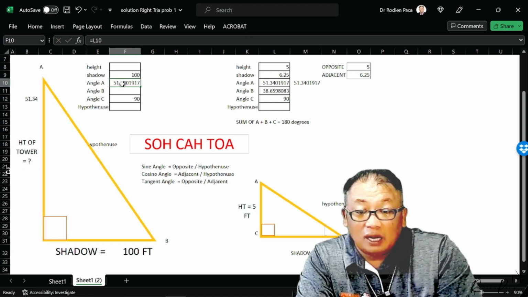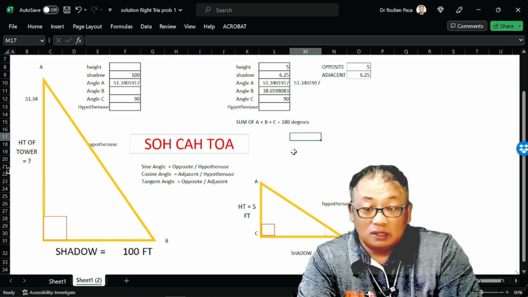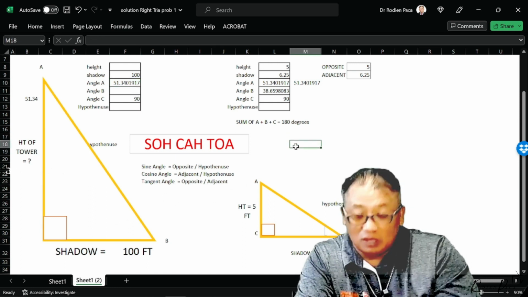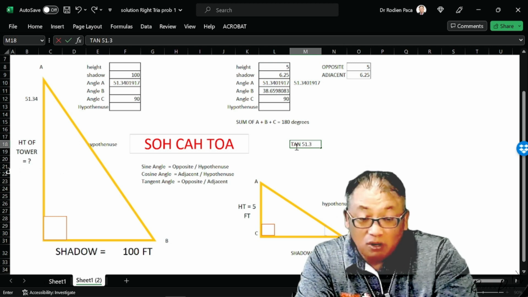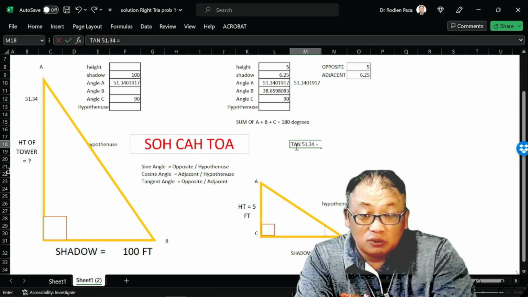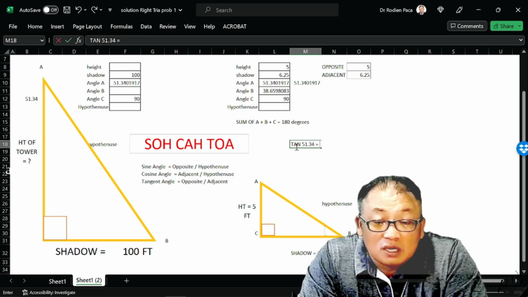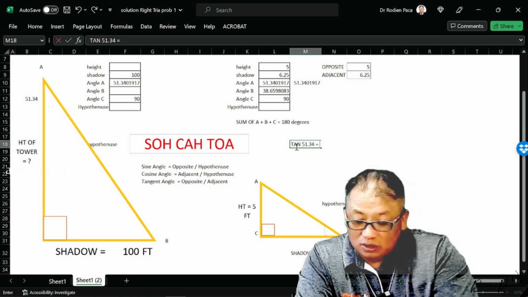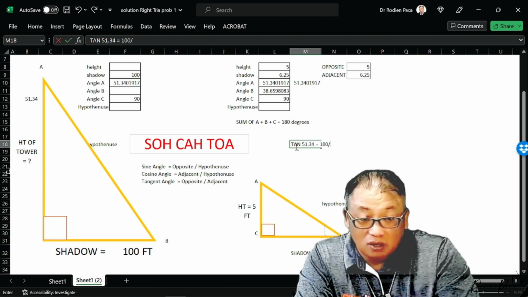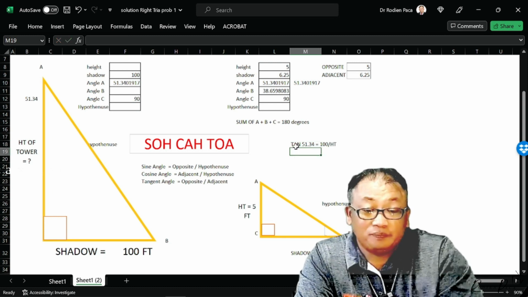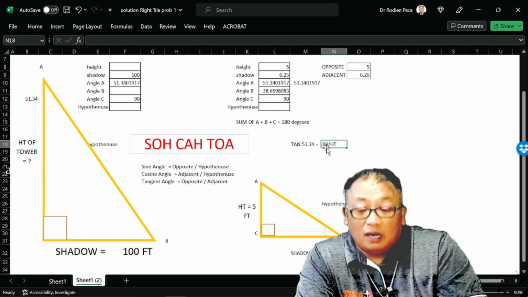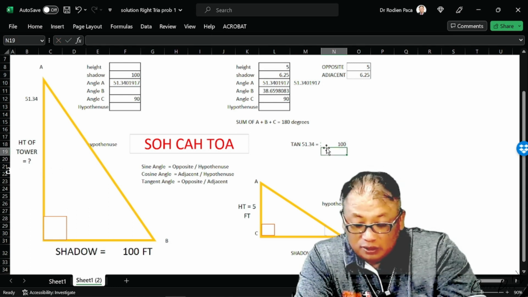Now, I have the angle A, so it will become tangent, no? In a basic solution, it will become tangent 51.34 equals the height of the tower, which is opposite, over 100. I have to put this so that you can understand.